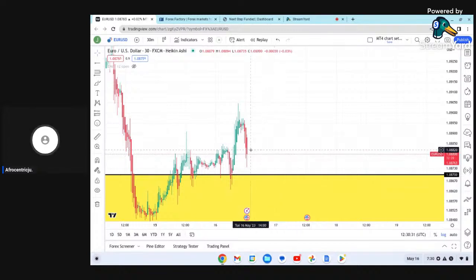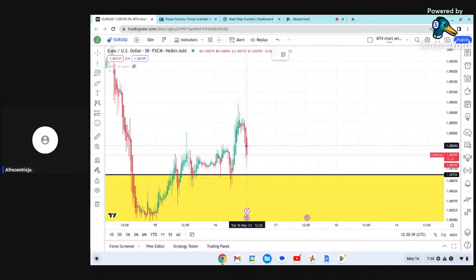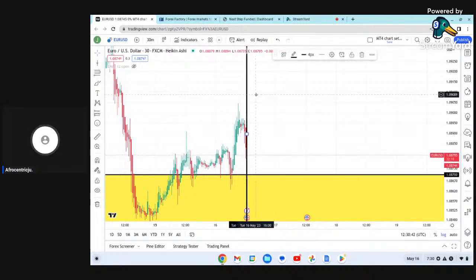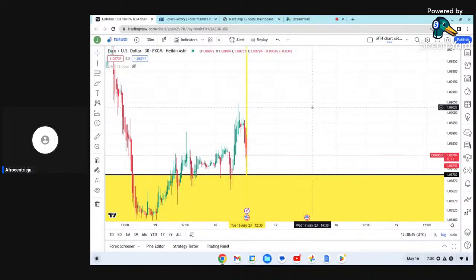It's all about really watching that candle. Let me see something. There's our news candle here. All right.